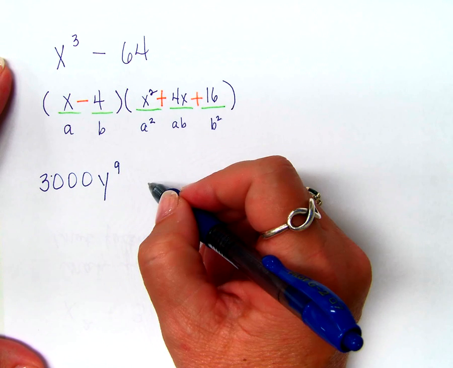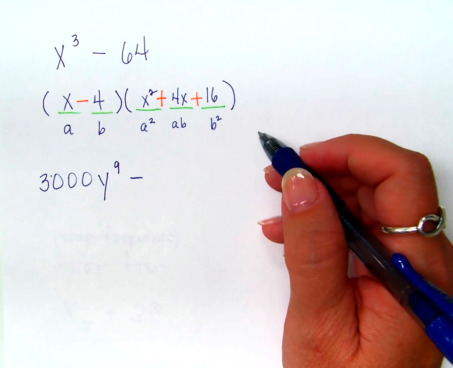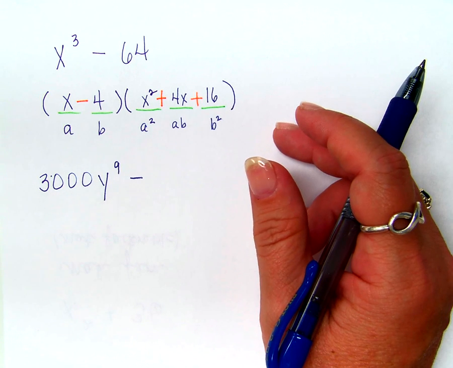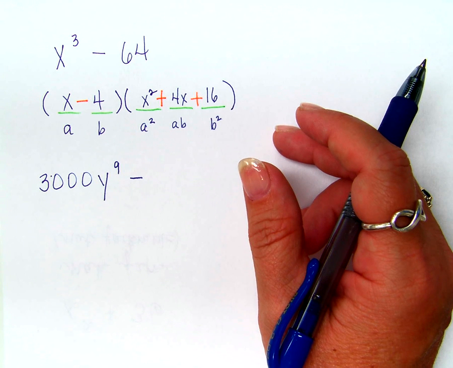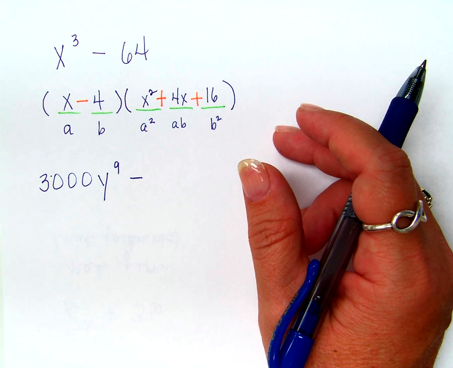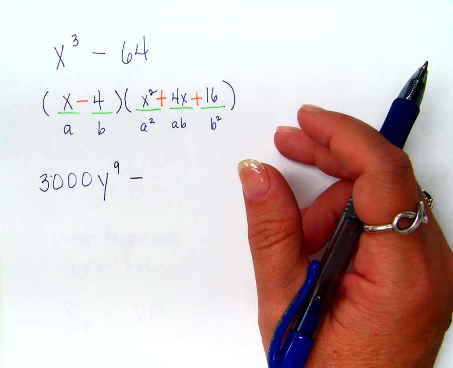Give me something you have trouble with. Dude, what are you asking? You're asking to die. 3,000 y to the 9th. I thought she was going to make it harder. She's going to give you a different homework.